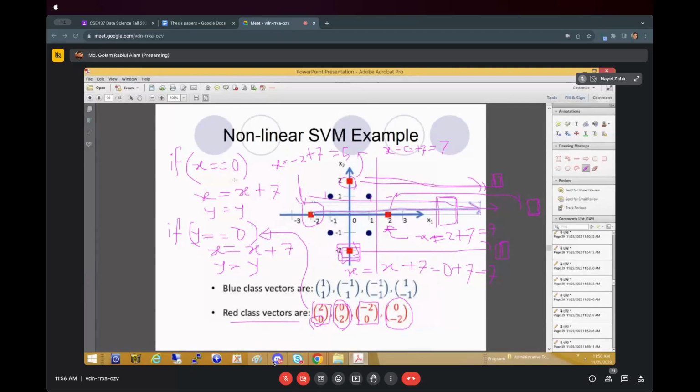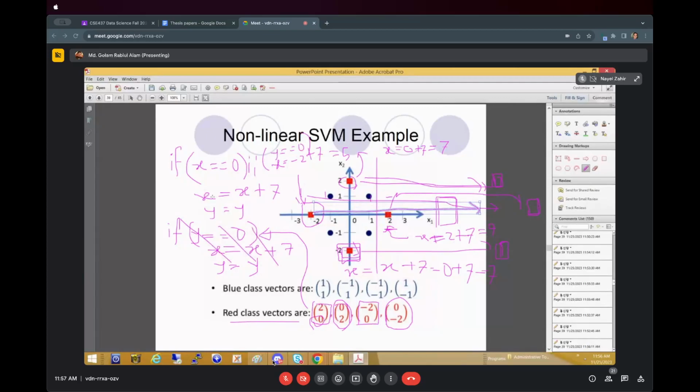So we can see that if x equals 0, or y equals 0, the same equation. Okay, because it is the same equation, no need to write it again. So if x equals 0 or y equals 0, then x will translate to x plus 7 and y stays the same.